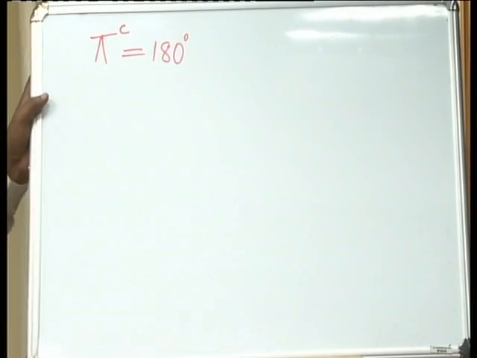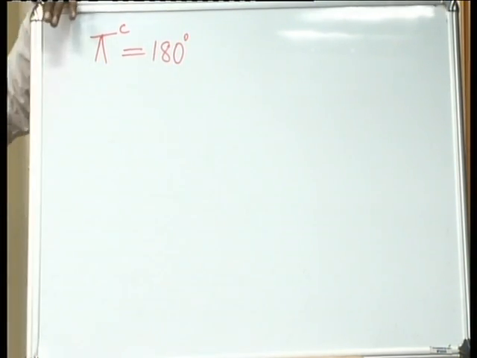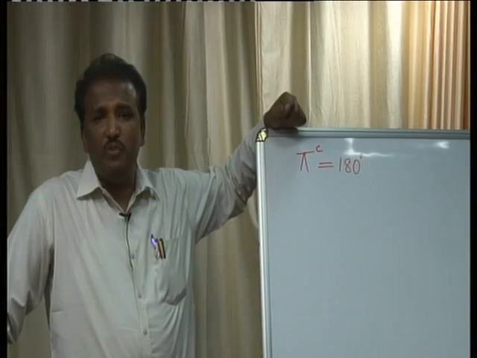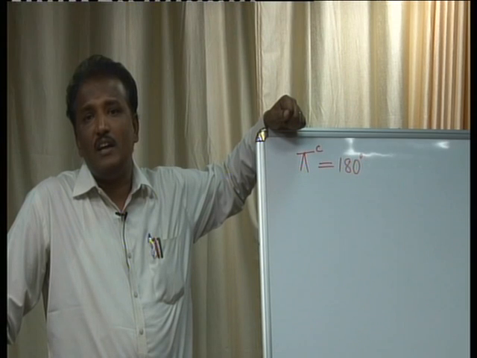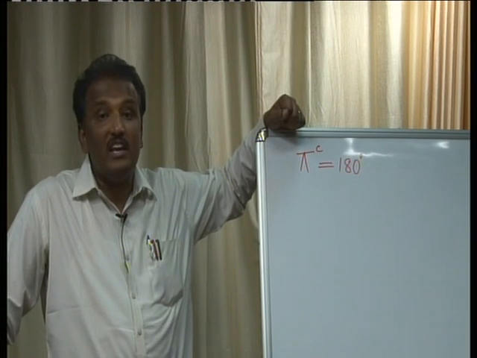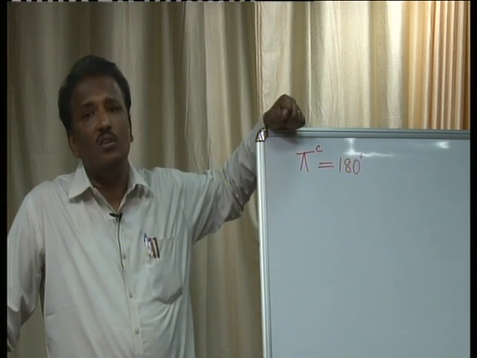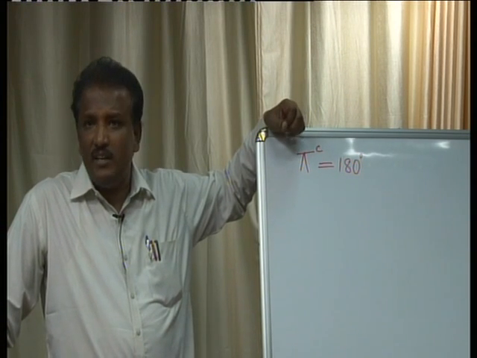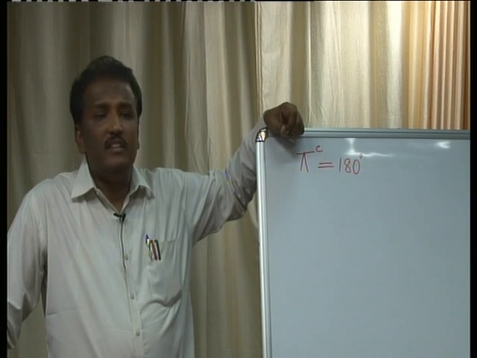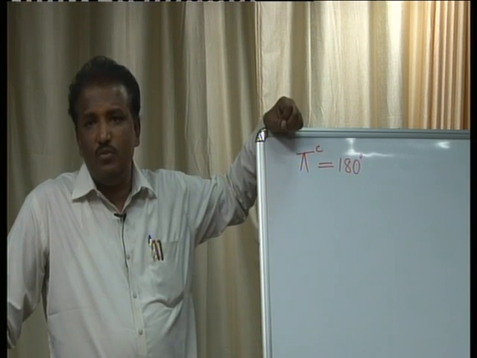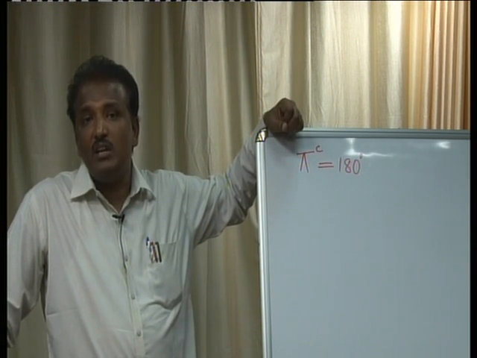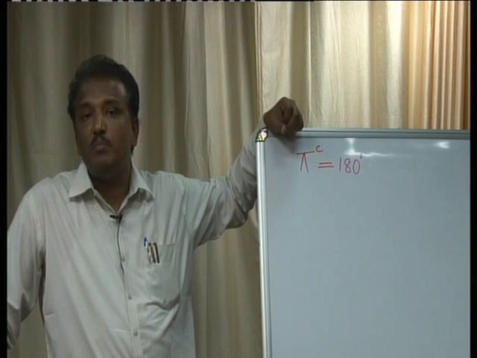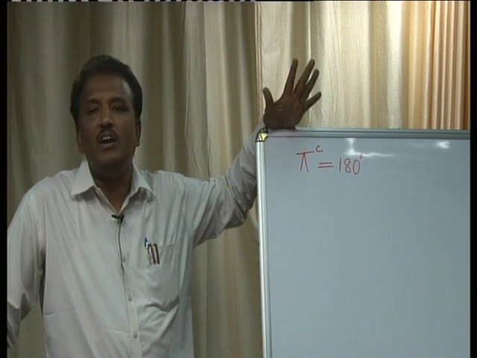I hope you may recall. What does this equation indicate? It is the equation which connects the relation between degree and radian. What is degree? It is a unit of an angle. What is radian? It is also a unit of an angle. Then what is the use of this equation? This equation connects the relation between degree and radian.